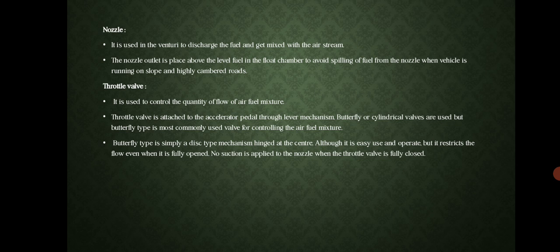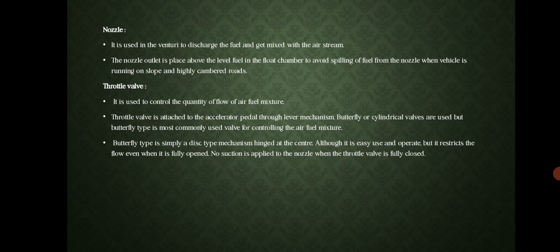Throttle valve. It is used to control the quantity of flow of the air-fuel mixture. It is attached to the accelerator pedal through a lever mechanism. Butterfly or cylinder valves are used, but the butterfly type is the most commonly used valve for controlling the air-fuel mixture.